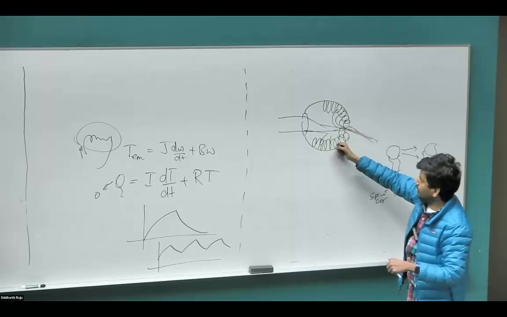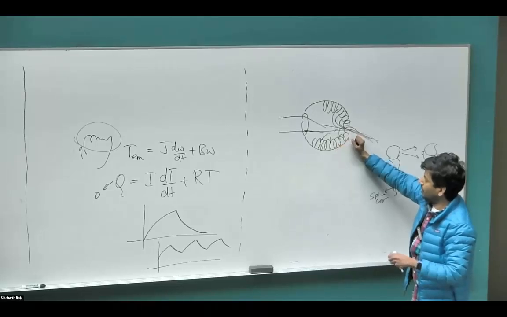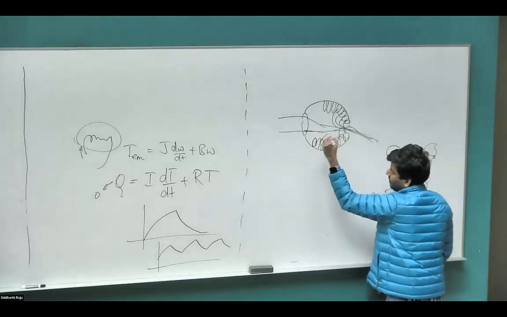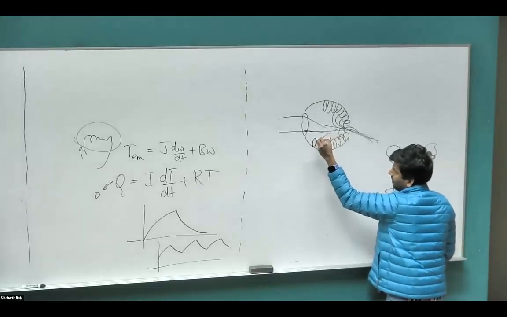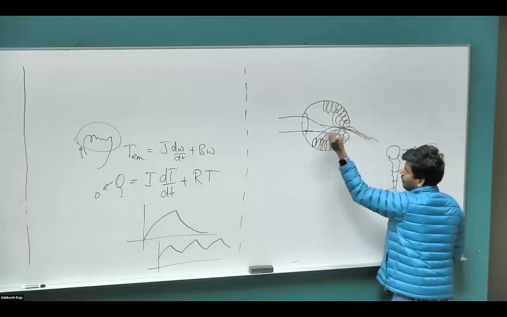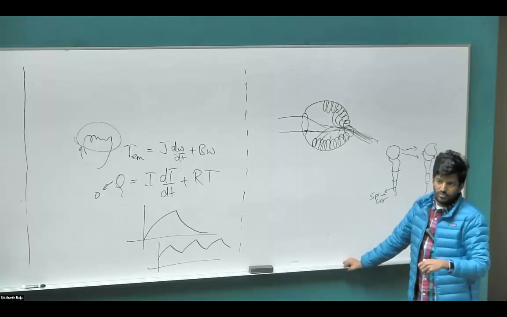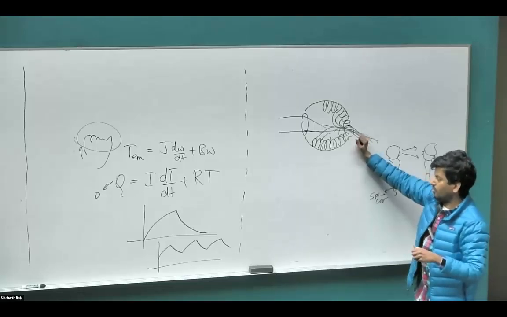Because of the way the rods and the cones are present, we have these cells which collect the light and make some inference. But the wiring for these comes from the top and goes back. So there has to be a spot where there can't be any rods or cones, which is basically a blind spot because the nerves come out of it.